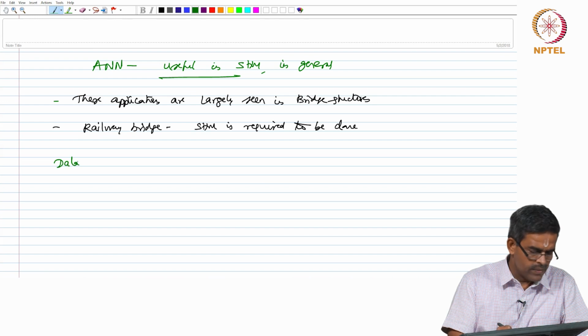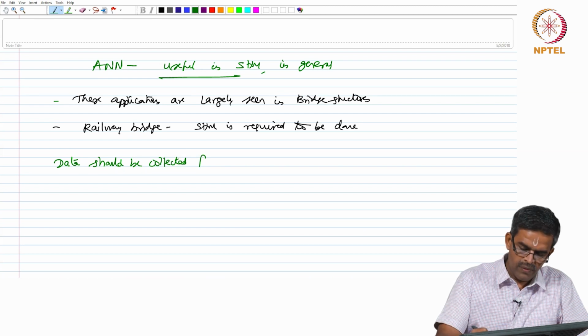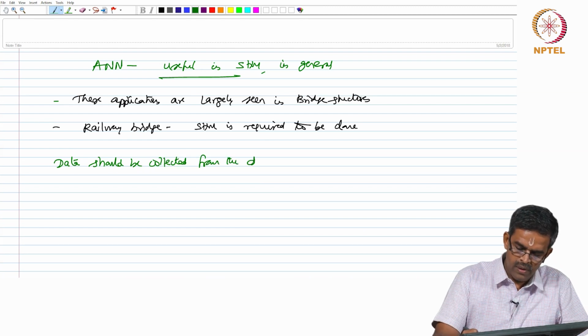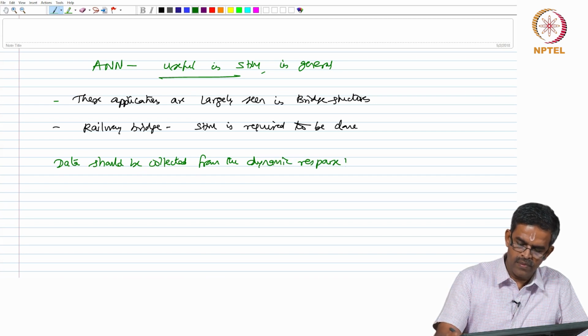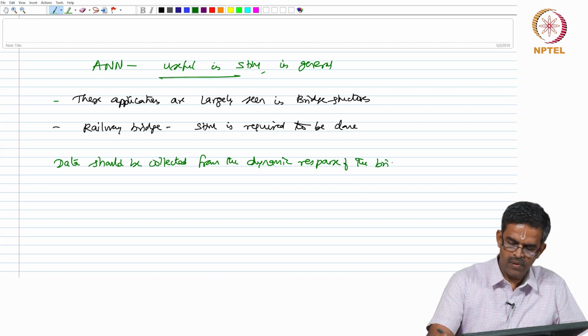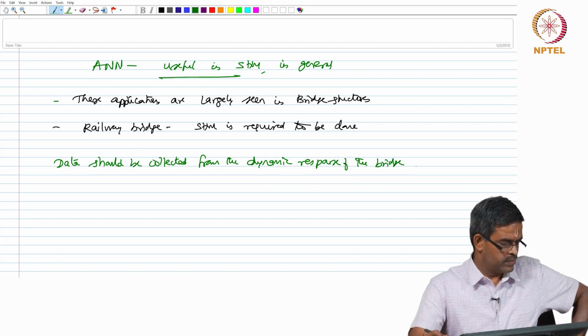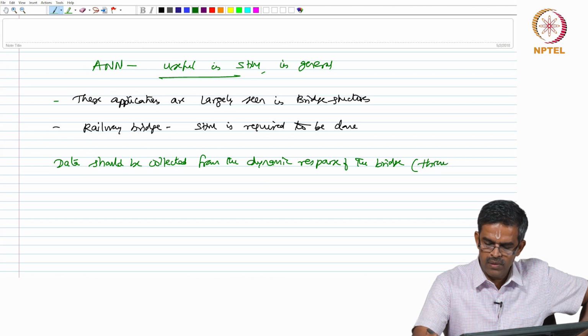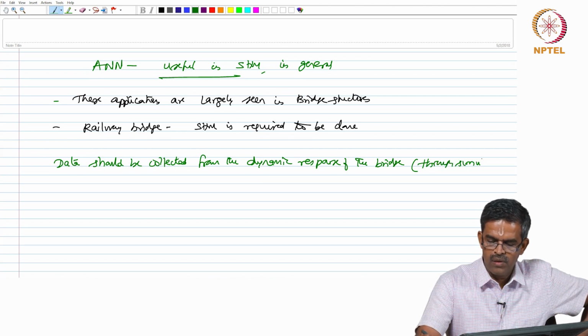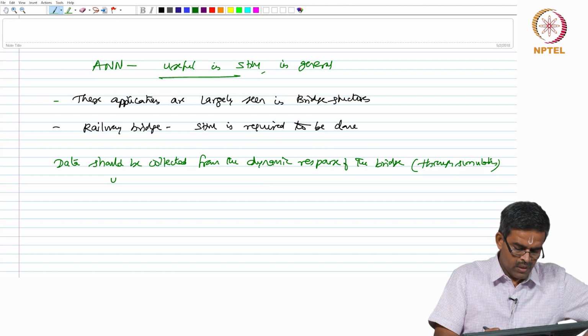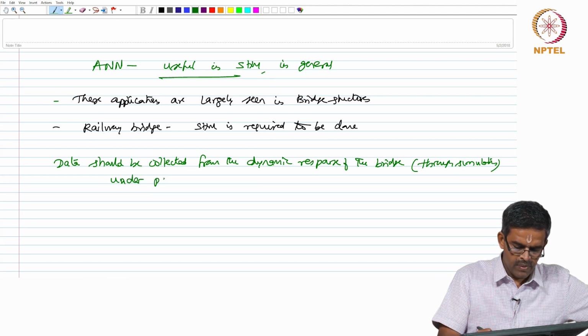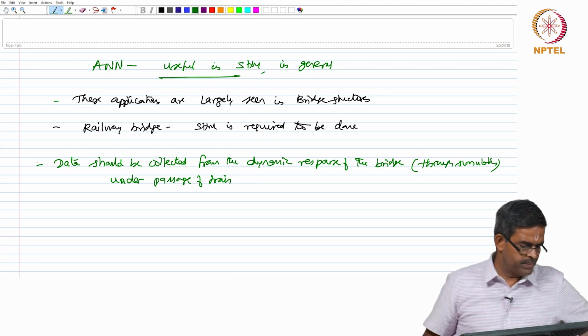Data should be collected from the dynamic response of the bridge through simulation, under passage of a train.